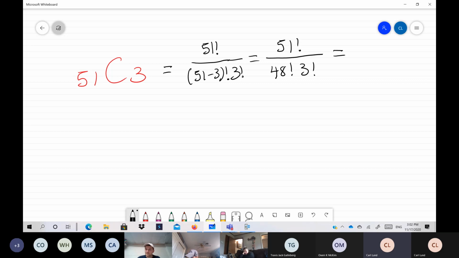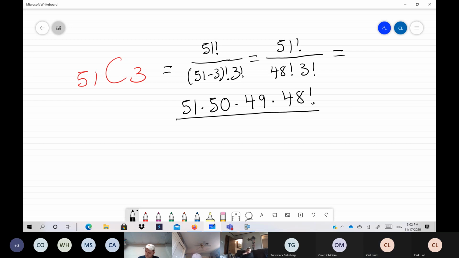This looks like it's going to be a big number, but it's really not going to be that bad. So we have 51 times 50 times 49 times 48 factorial over 48 factorial times 3 times 2 times 1.